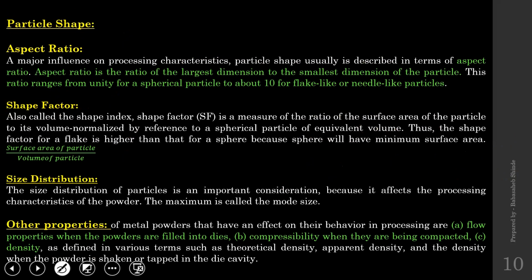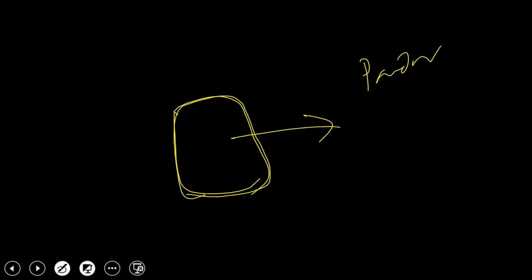Next, size distribution. Size distribution means, if I take this raw material and start converting it into powders, let it be any process, atomization, chemical reduction, or any process, when you try to convert this raw material into powders, all the particles are not going to be of the same size.